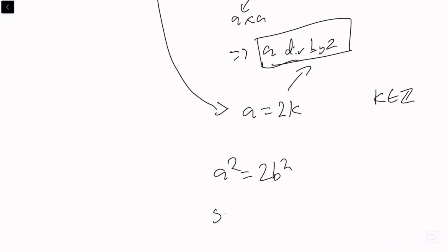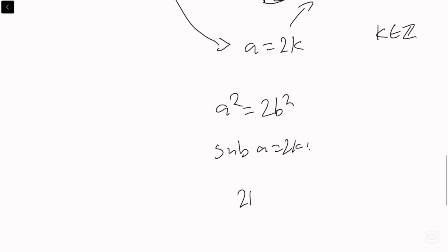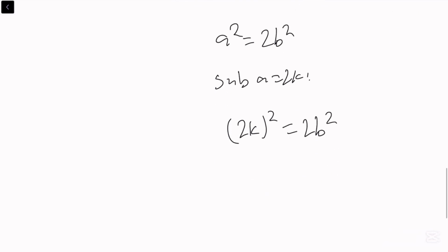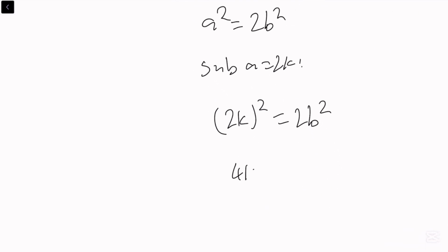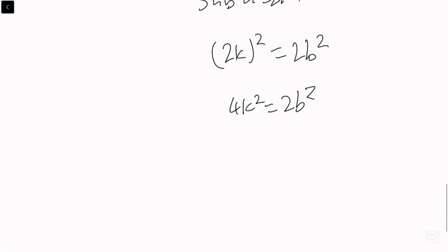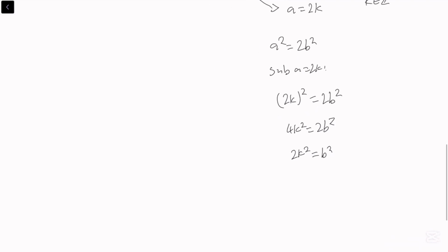If we sub a equals 2k in, we get 2k all squared is equal to 2b squared. We get 4k squared is equal to 2b squared. Divide both sides by 2, and we get 2k squared is equal to b squared.